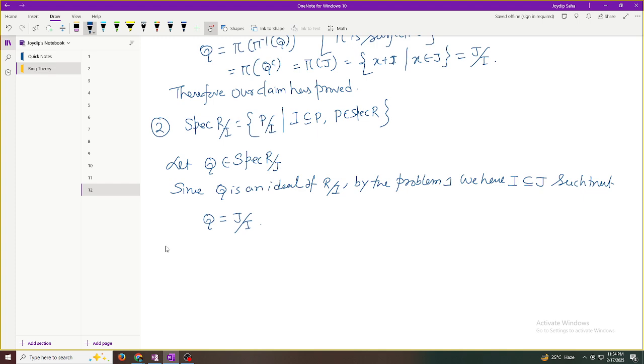Since Q is a prime ideal, this implies R mod I quotient Q is an integral domain.